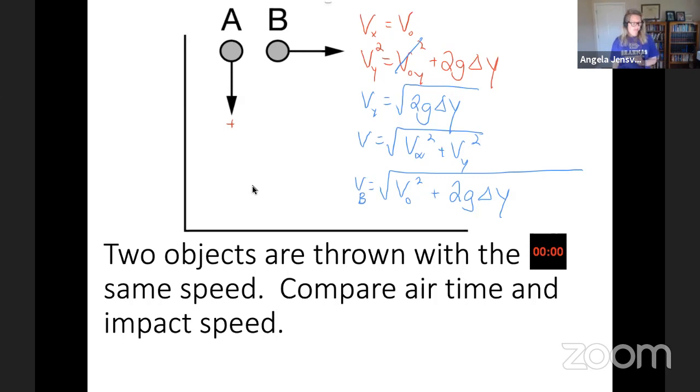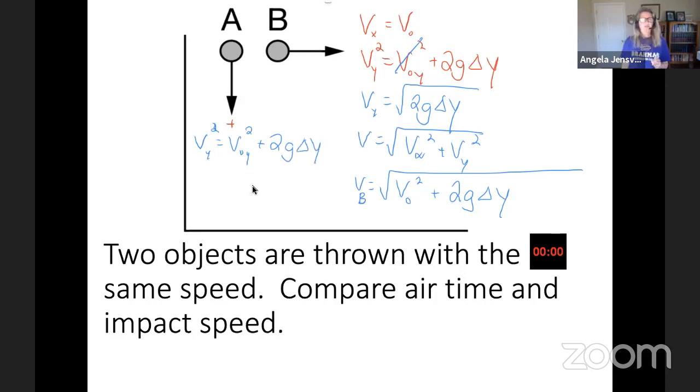Now we need to do object A. For A, the x is easy. It's always 0. So all we have to do is look at the y. So Vy final squared is equal to V naught y squared plus 2g delta y.